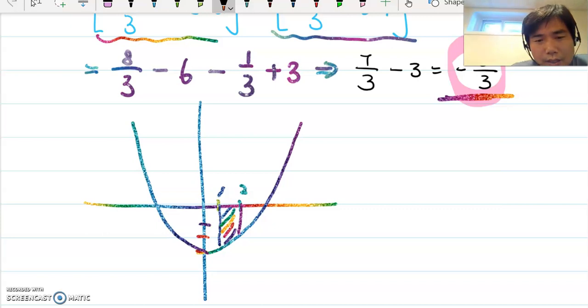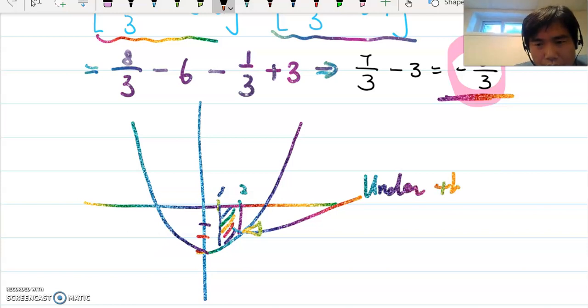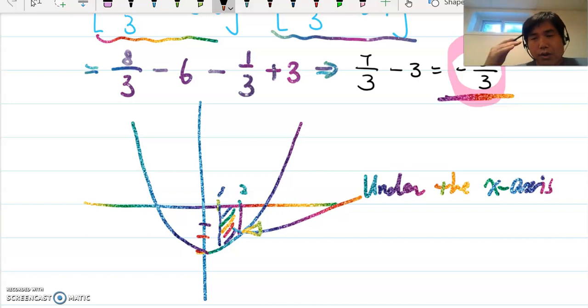And you see that this area is under the x-axis, right? Even though we are computing an area value, this is also a function form. So whenever the area is located under the x-axis, we get a negative area value.